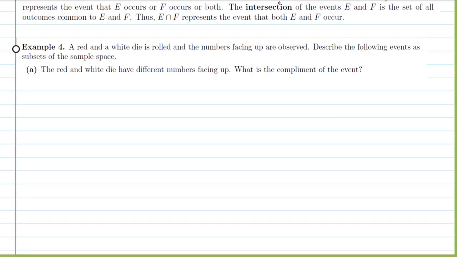So example 4, a red and a white die is rolled and the numbers facing up are observed. Describe the following events as subsets of the sample space. So the red die and the white die have different numbers facing up. And then follow up, what is the complement of that event?